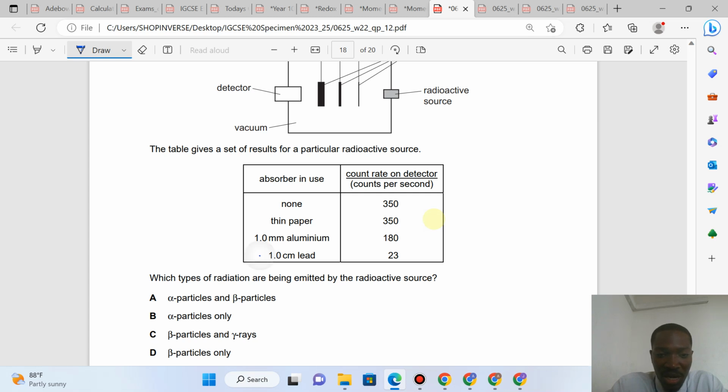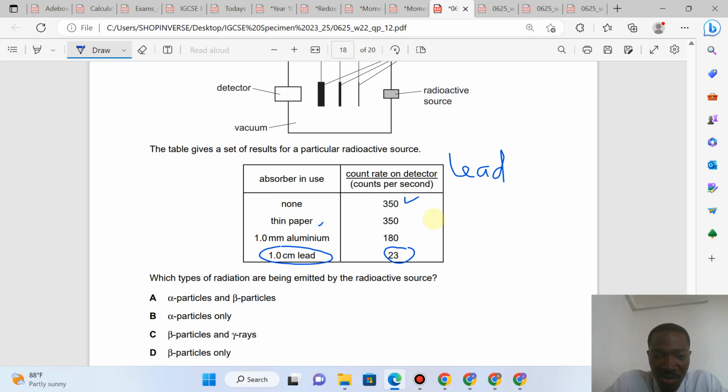That's the best absorber because this is the only case where the count rate is lowest. And lead is the only material that absorbs alpha particles, beta particles and gamma rays. Now when you are not using any absorber, we have 350.